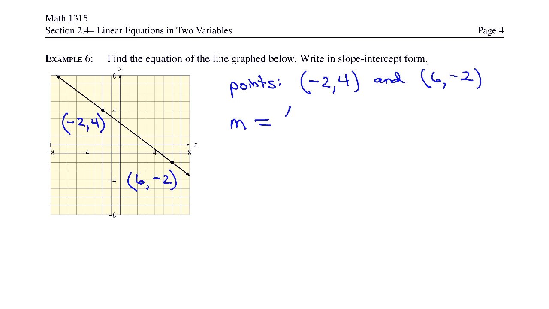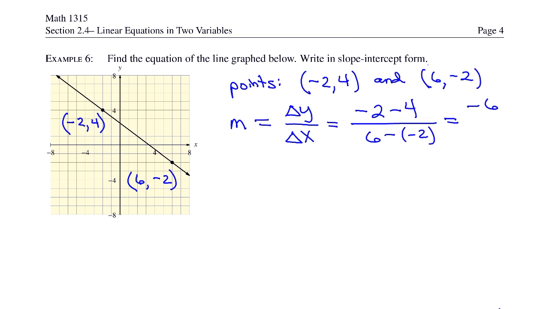So m is equal to delta y over delta x, which is equal to negative 2 minus 4 over 6 minus negative 2. That's equal to negative 6 on the top and positive 8 on the bottom. That reduces to negative 3/4.